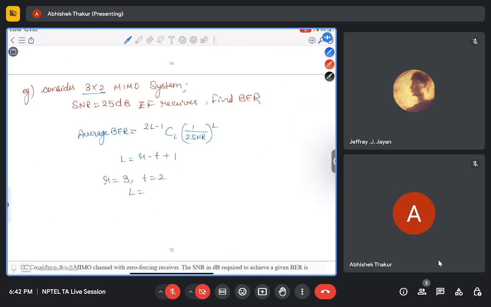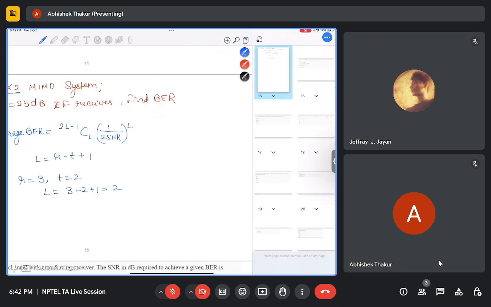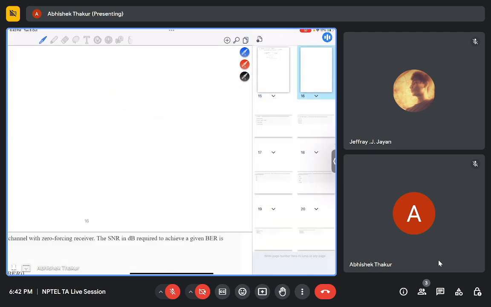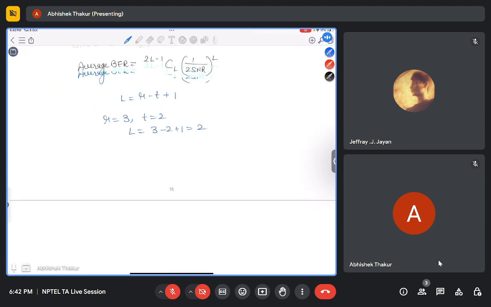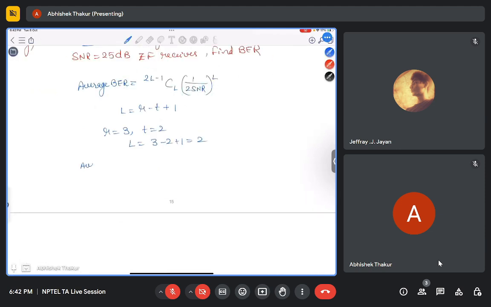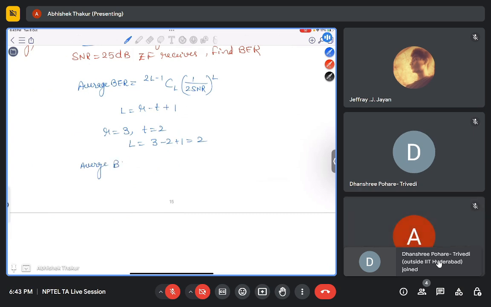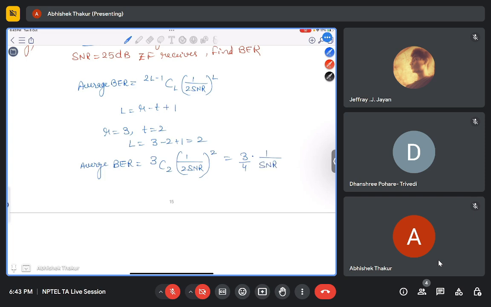So L is equal to 3 minus 2 plus 1, so it will become 2. Now we substitute L equal to 2. So average BER is equal to 3C2, 1 by 2 SNR to the power of 2. This becomes 3 factorial by 2 factorial, that is 3, into 3 by 4 into 1 by SNR square.